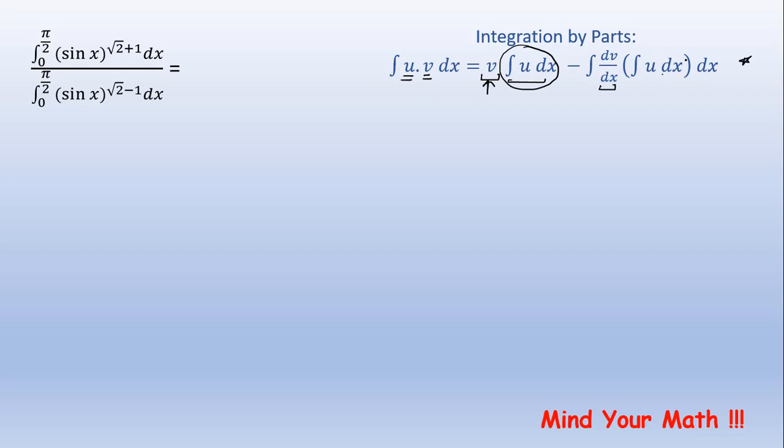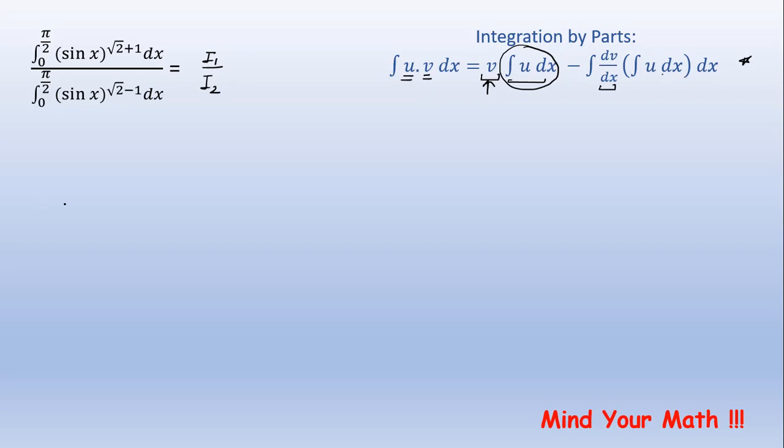Okay, now let's say we call the numerator integral I1 and the denominator integral I2. Now to get the ratio of these two integrals, we will try to get one integral in terms of the other, that is, we'll try to get the integral I1 in terms of the other, or vice versa.